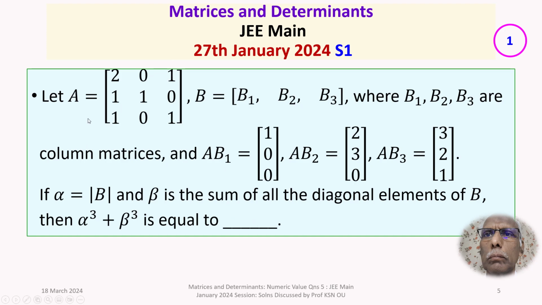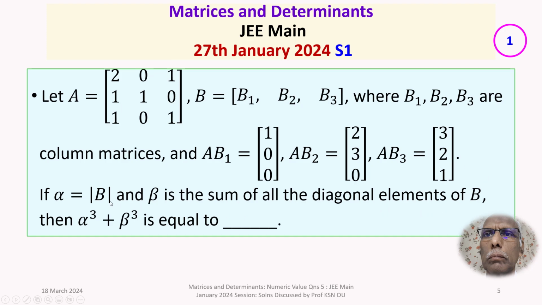Right. We are given a 3 by 3 matrix capital A, and capital B is a 3 by 3 matrix whose first column is B1, second column B2, third column B3. These are given in such a manner that AB1 is equal to 1, 0, 0, AB2 is 2, 3, 0, AB3 is 3, 2, 1.